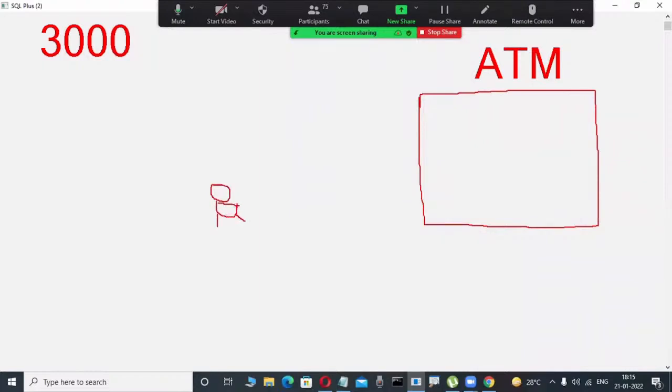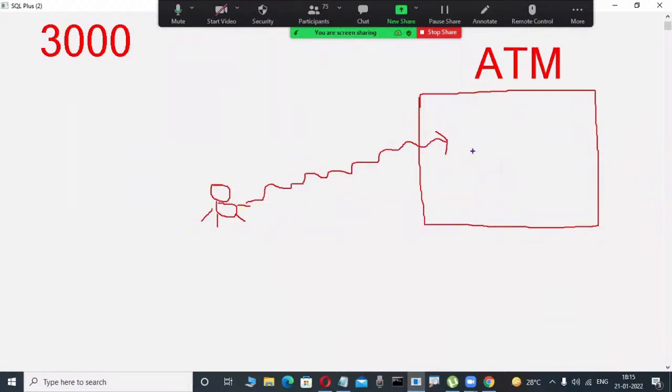This small scenario is easily understandable, even by a non-technical person. I'm going to some ATM center, for example. I decided to withdraw money. For example, I'm inserting an ATM card. It will ask for a PIN number. I'm not checking the balance, for example. But unfortunately, my balance is how much? 3000 rupees are presently in my account.